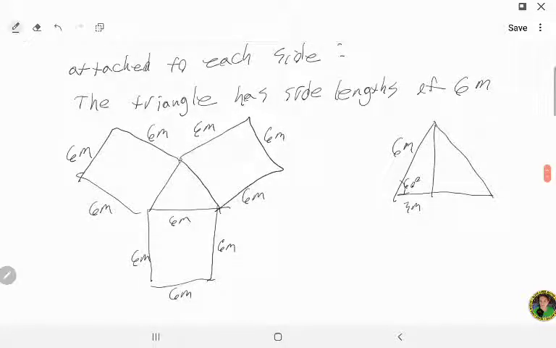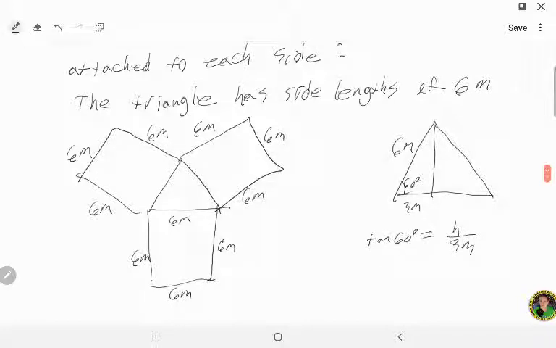And we have a couple ways of doing this. The most straightforward from the viewpoint of trigonometry is that tangent of 60 is equal to height divided by 3 meters.